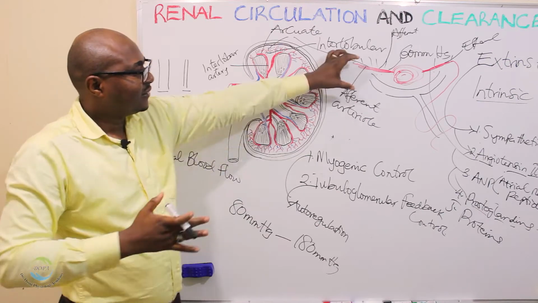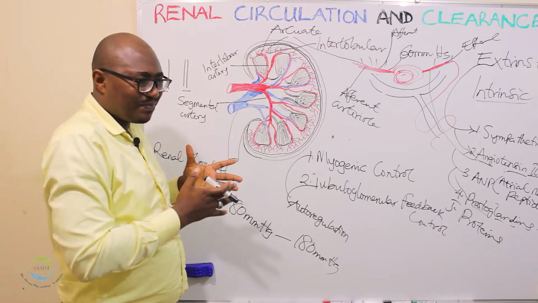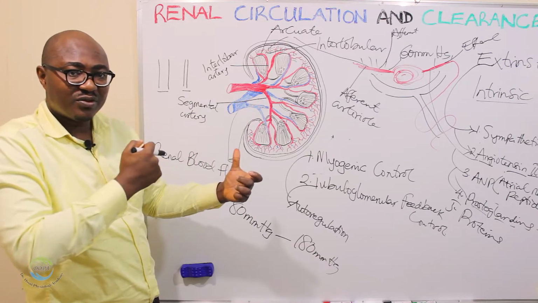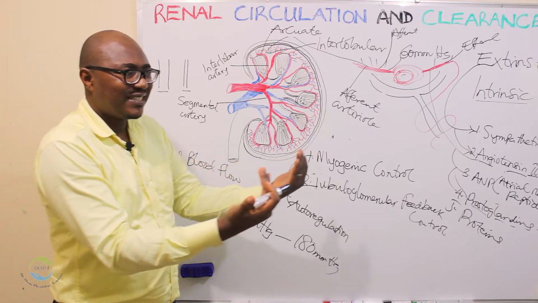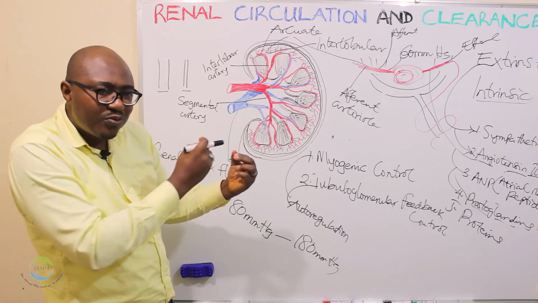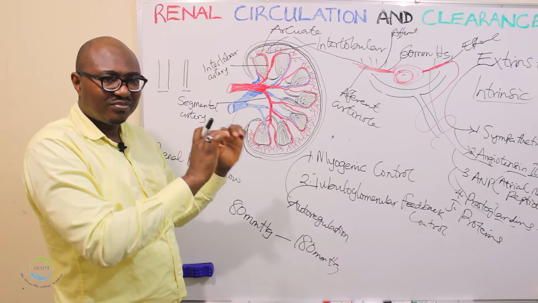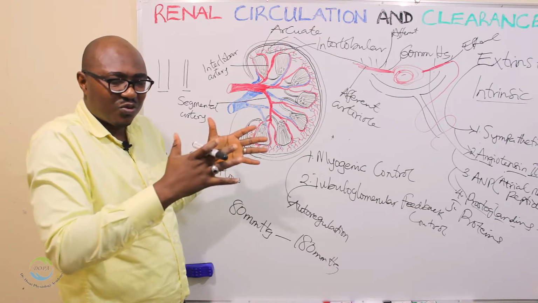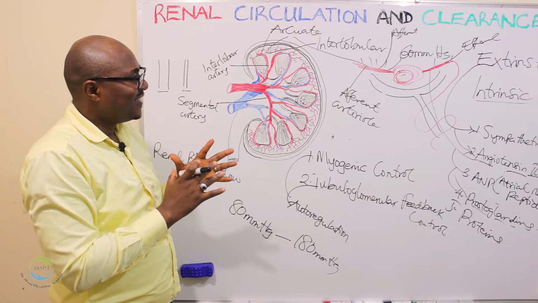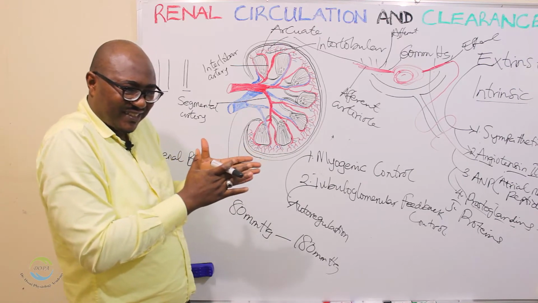So when there is so much blood pressure and an increase in renal blood flow, the pressure expands these vessels. The expansion of the vessels causes a stretching of the muscle. That stretching of the muscles causes an action potential that opens certain calcium channels, which leads to contraction of the muscles. So the contraction of the muscle now constricts the vessel.